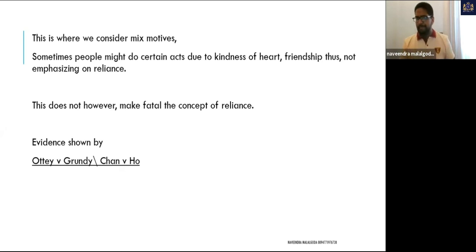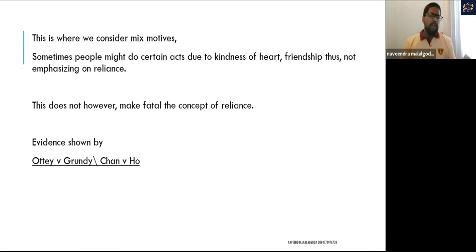There was no issue there. But what if this individual, the gardener, through kindness of heart, did all these things for the old lady? Then obviously he would suffer detriment, no? Certain expenditure incurred by him, the time he has spent, the detriment will be there.